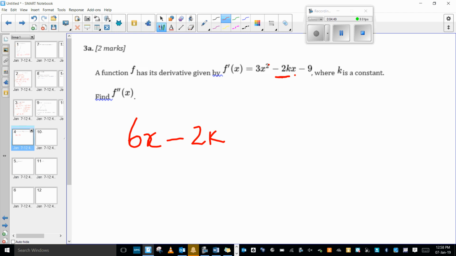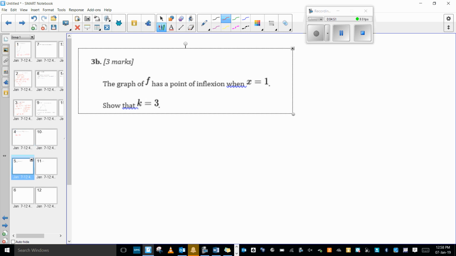Okay, so that's A. B, the graph has a point of inflection when x is 1. So points of inflection happen when the second derivative is equal to 0. I missed a vital point: it's 6x minus 2k equals 0. It has a point of inflection when x is 1, so this here becomes 6 minus 2k equals 0.